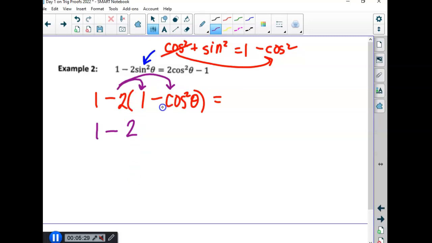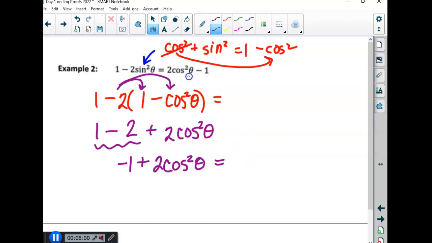What's negative 2 times a minus cosine squared? Positive 2 cosine squared. Everybody good? So what happens? Combine like terms and we get a negative 1 plus 2 cosine squared.